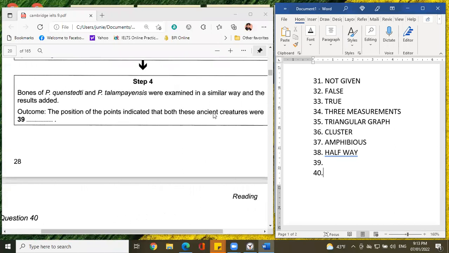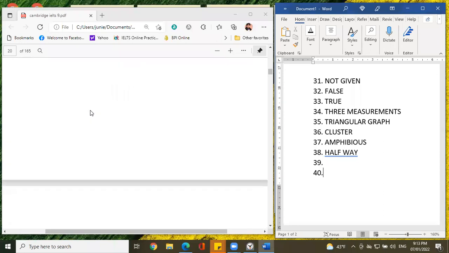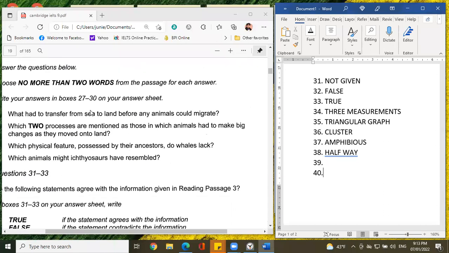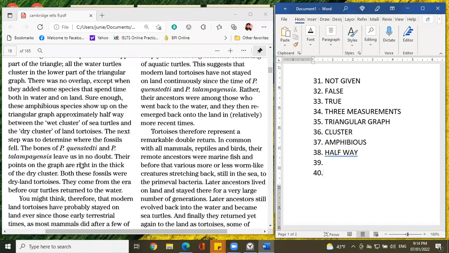40. The position in the both of these ancient creatures were what? Dry land tortoises. Dry land tortoises, guys, is the answer.